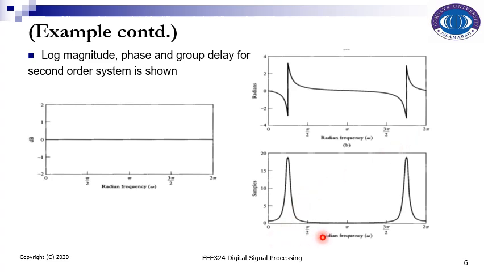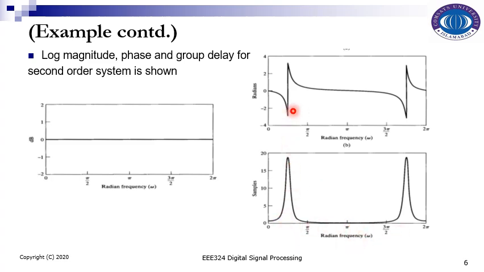And if we look at the group delay plot, group delay, as we know, is the derivative of the phase. So if we take the derivative of this phase function, we would get the group delay.